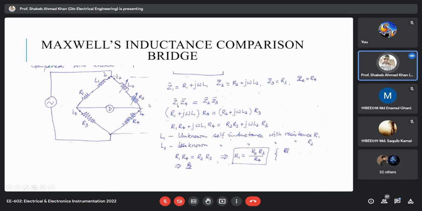The method is that in all bridge cases, we first derive the balance equation, and from the balance equation we find its application. Here the application is measurement of resistance and inductance of a coil. So the method, the steps, are very important, and the same method we will follow throughout this unit.